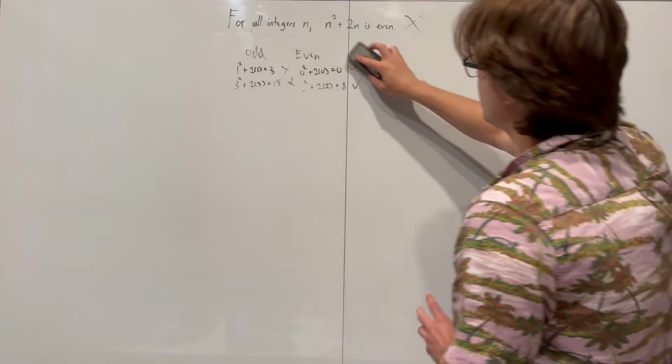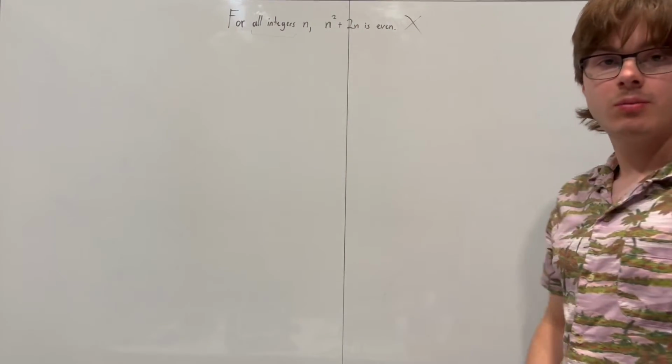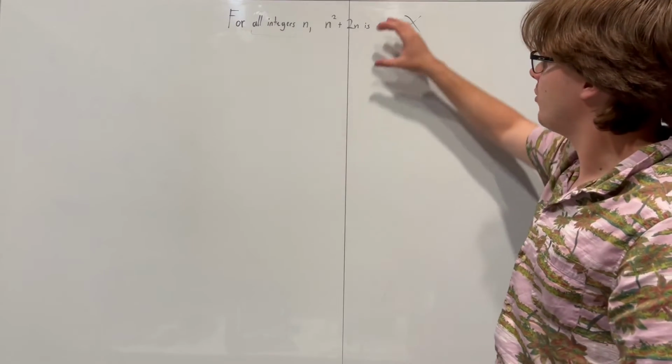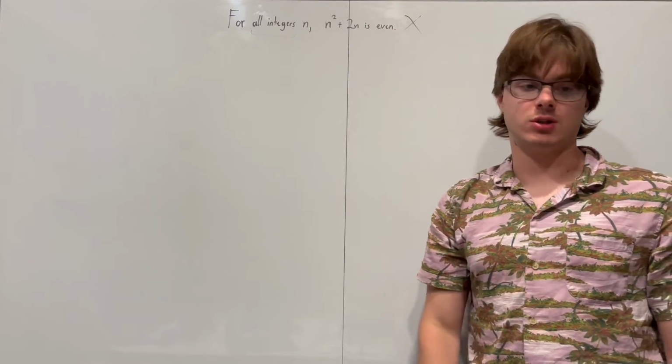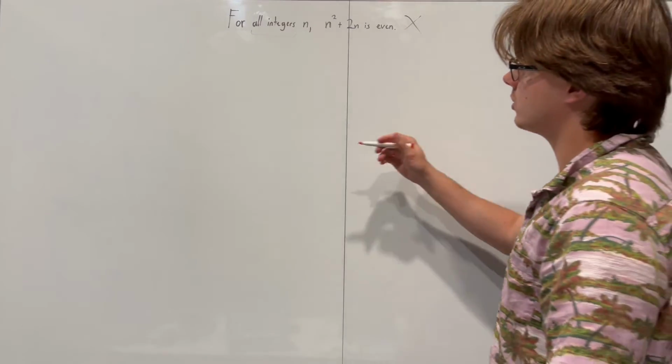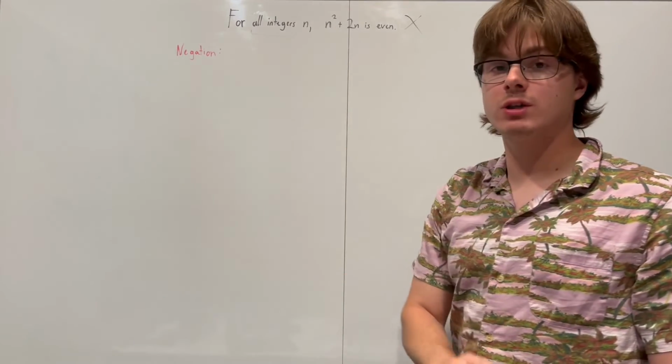So how do we prove a statement is false? Well, we start by writing out its negation. When we know that this is not true, we're going to instead prove the negation is true. So what is the negation of this statement? The negation of for all is there exists.